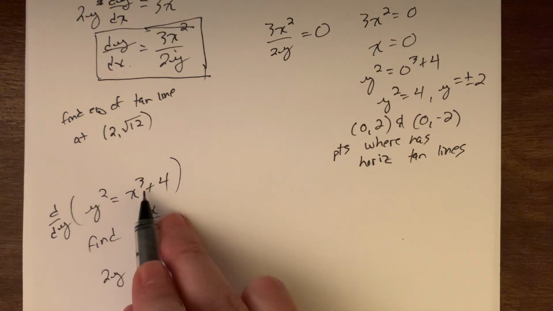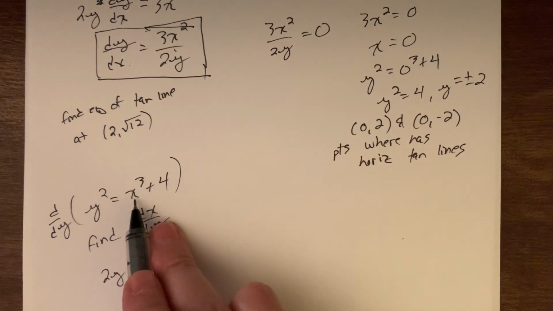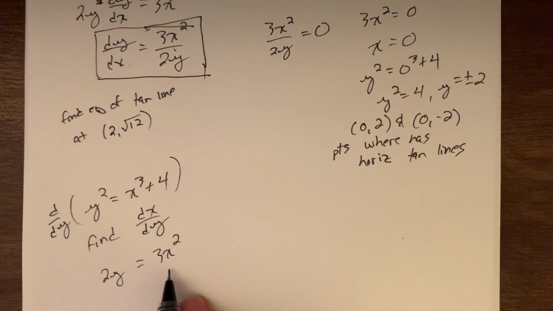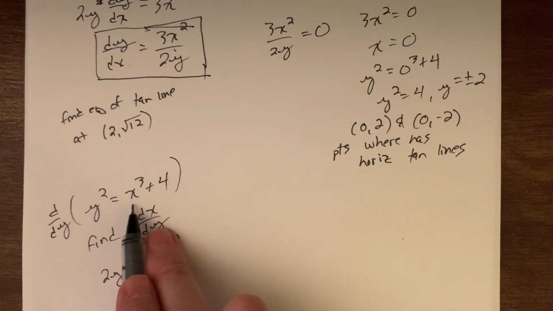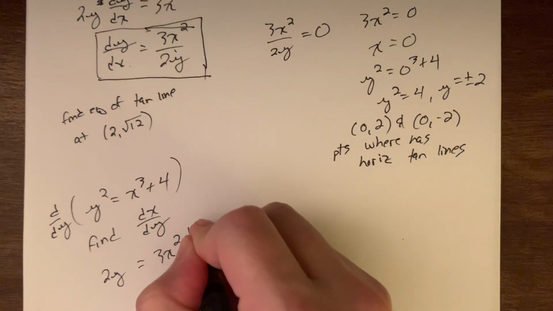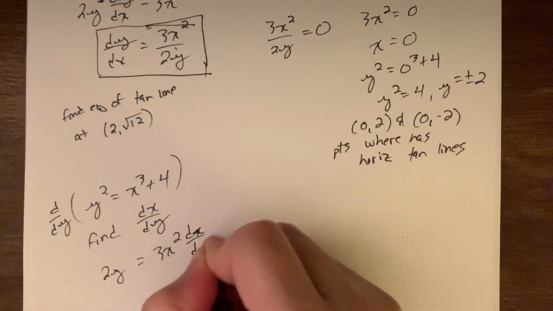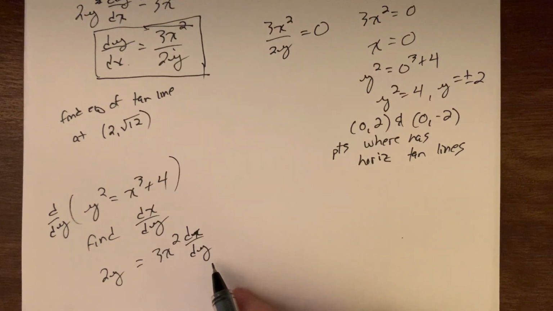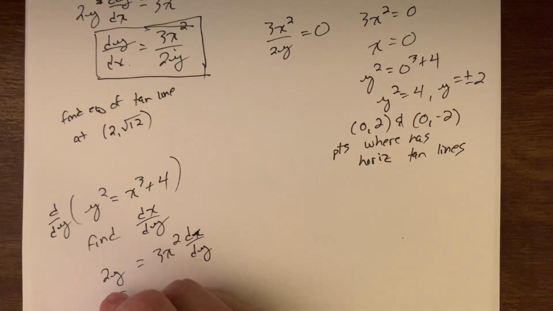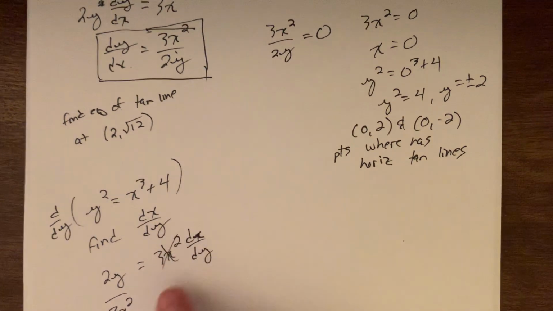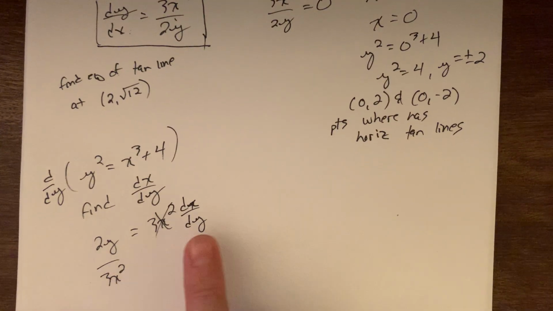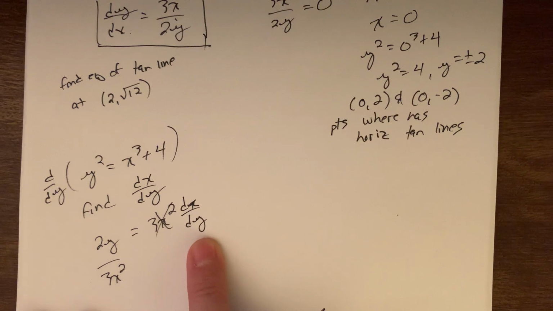But now over here, this is the one that gets tricky. Now you took the derivative, but that derivative is of variable x with respect to y. That will get marked dx over dy. And then I'd still have to finish solving for the derivative notation.